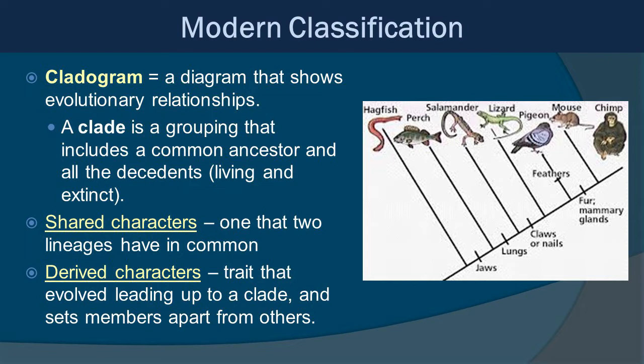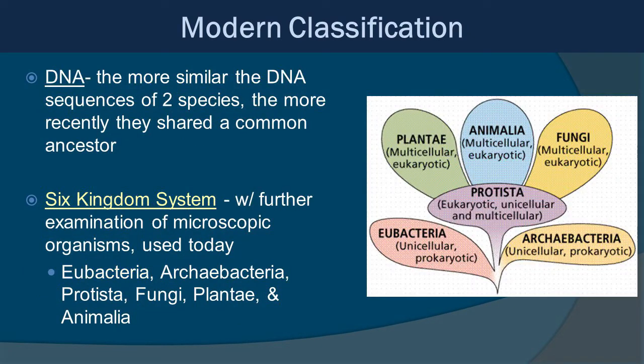So that's the difference between shared and derived characters. And just to point out, what we're really looking at is what happens with common ancestry. So the mouse and the chimp obviously aren't directly related, but they had a common ancestor, and somewhere along the way, that common ancestor had both fur and mammary glands. Even farther back, they had less in common.